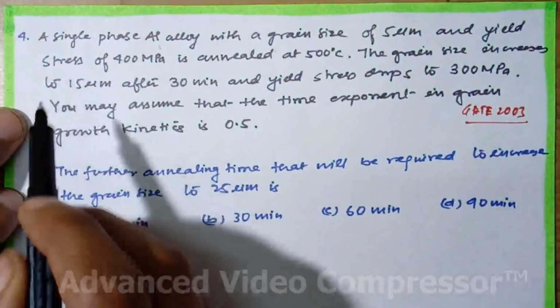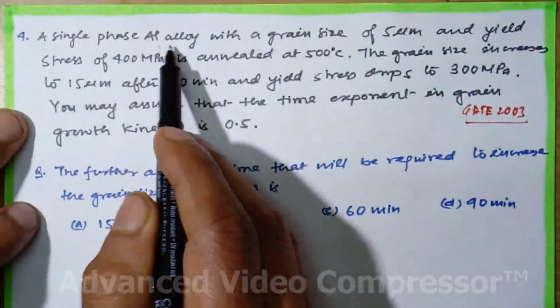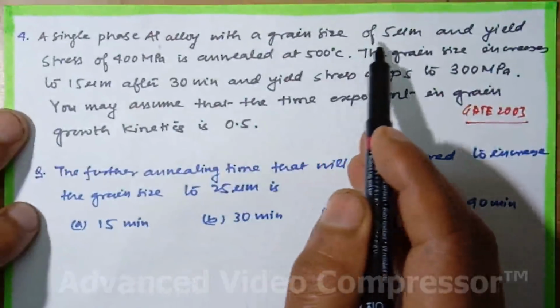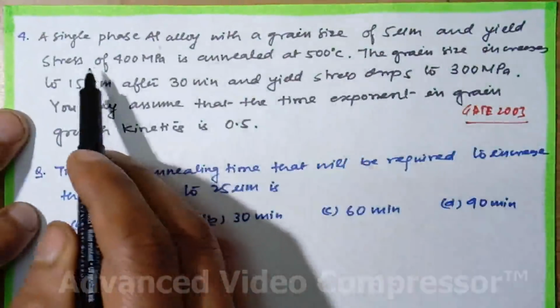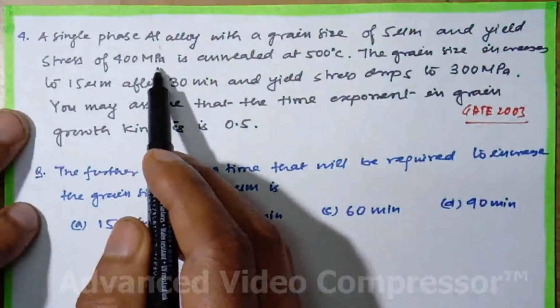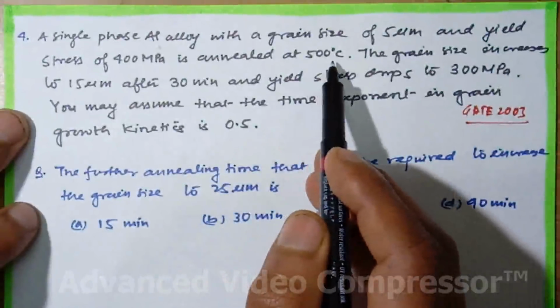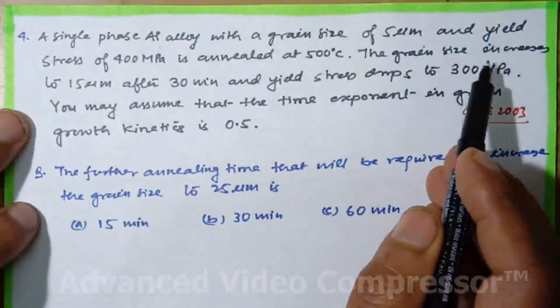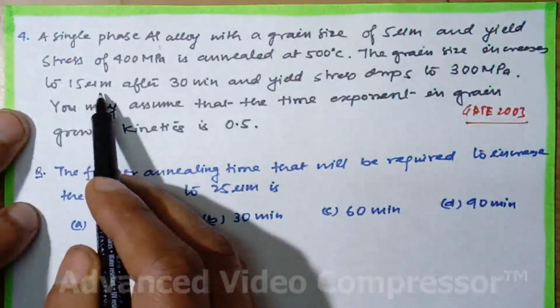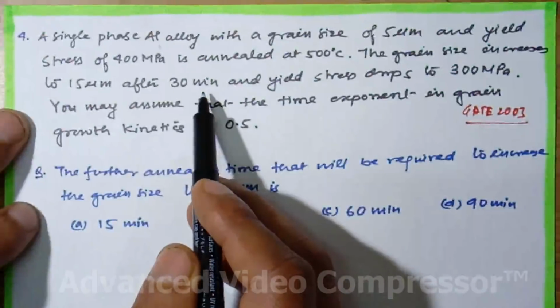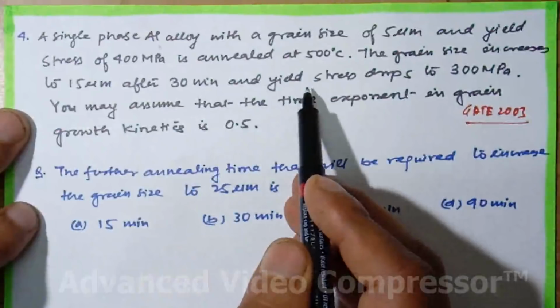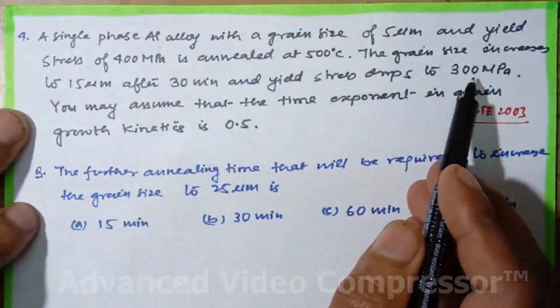Now, a single phase aluminum alloy with a grain size of 5 micrometer and yield stress of 400 MPa is annealed at 500 degrees centigrade. The grain size increases to 15 micrometer after 30 minutes and yield stress drops to 300 MPa.